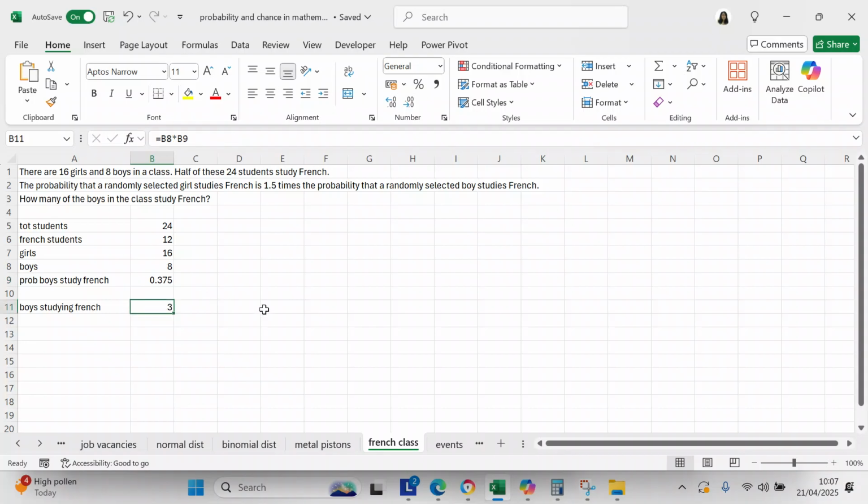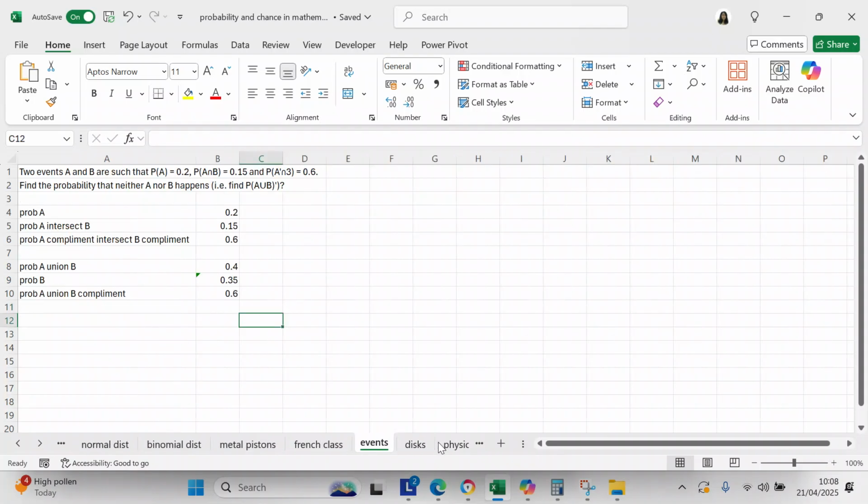And there are going to be 3 boys studying French, because B8 times B9 is going to be 3 points, so it's going to be 3. So that's how you calculate how many boys in the class are studying French.